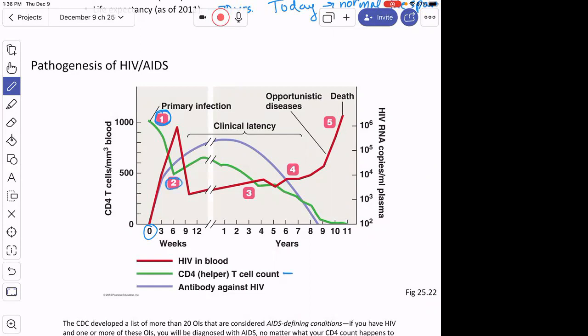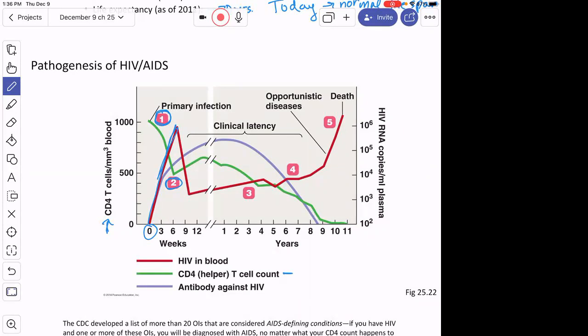All right, so the green line is these units on the left here. Okay, at the same time, the red line here is the virions in the blood. So the CD4 cells are dying, and we got lots and lots of viral replication.